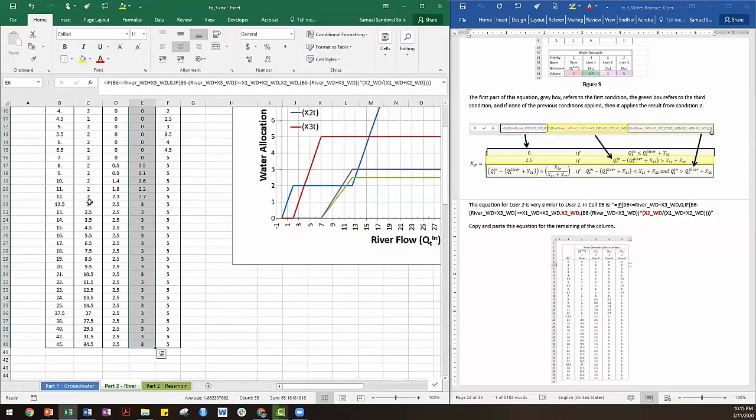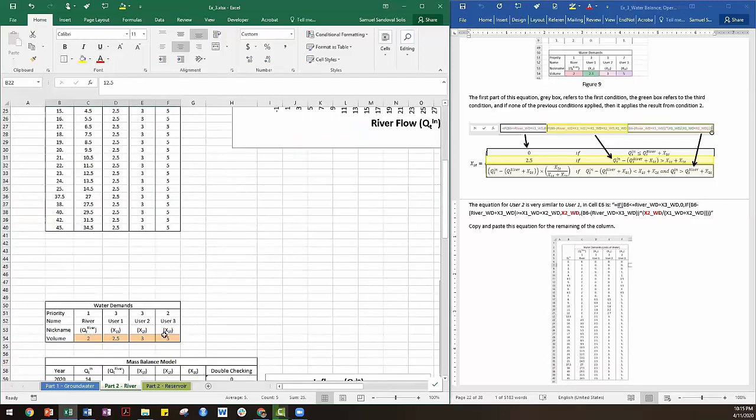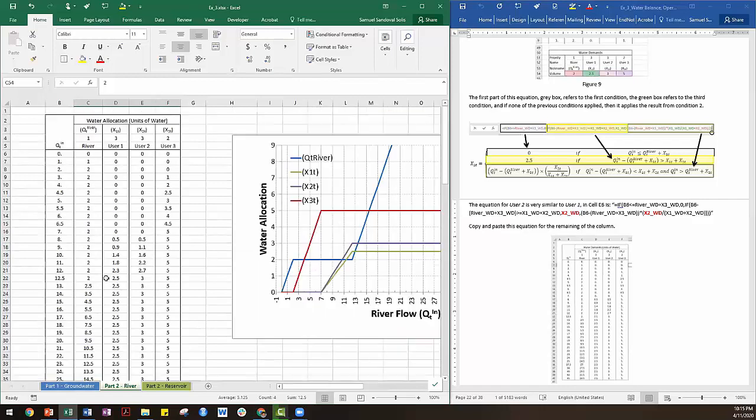As you can see, once we have passed this 12.5, which is the sum of all the different water demands, then everyone will get 12.5 or more, everyone will get their water demand.